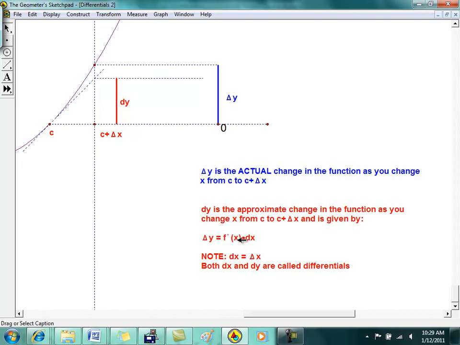And here's this important formula that you need to know. Yes, this is f prime of x times dx.